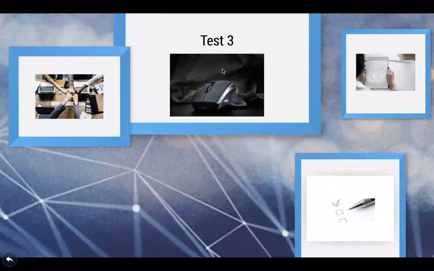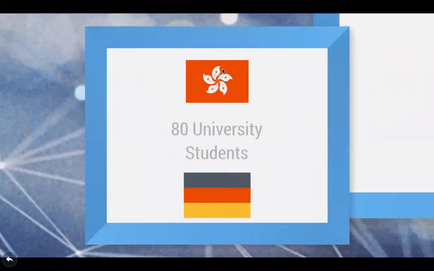The final study was geared towards understanding the efficacy of inferring the level of emotion through mouse cursor movement analysis. In this study, 80 participants from universities in Germany and Hong Kong took part in a simulation where they were asked to carry out 5 tasks on a website.